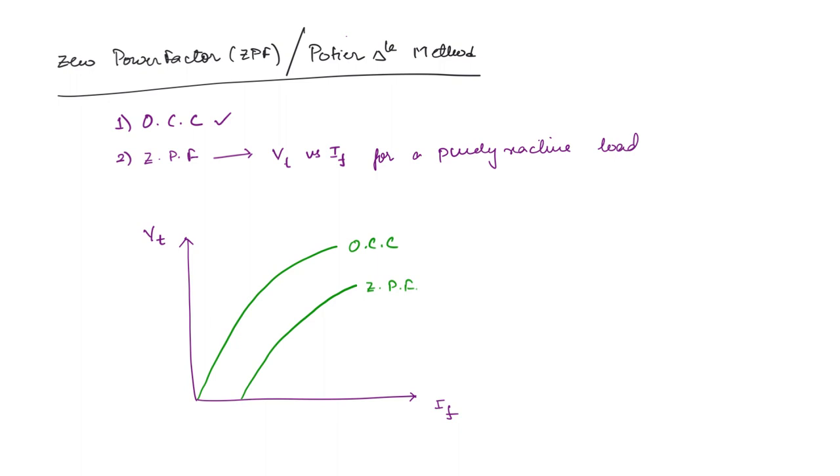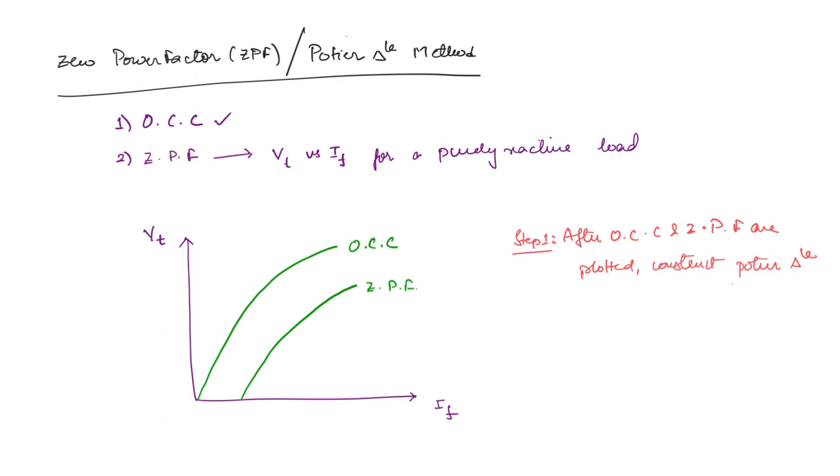Once both these plots are available, after OCC and ZPF are plotted, construct the Portier triangle. This you can write as step 1.